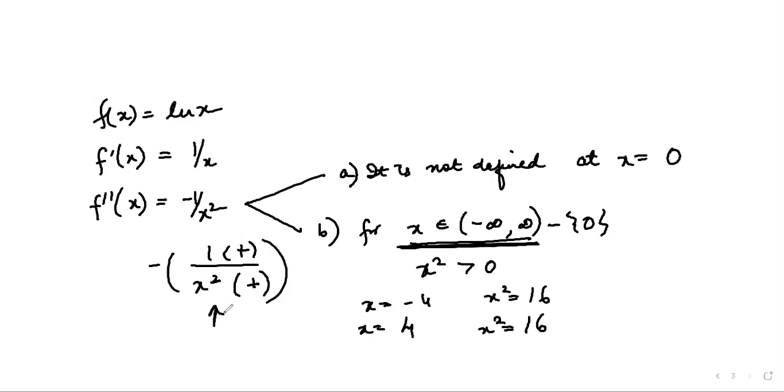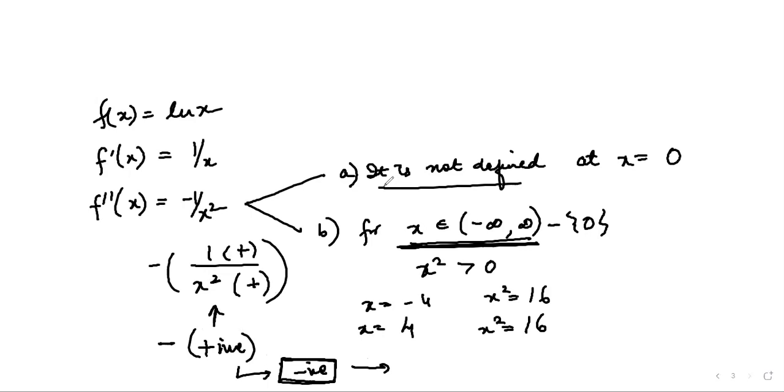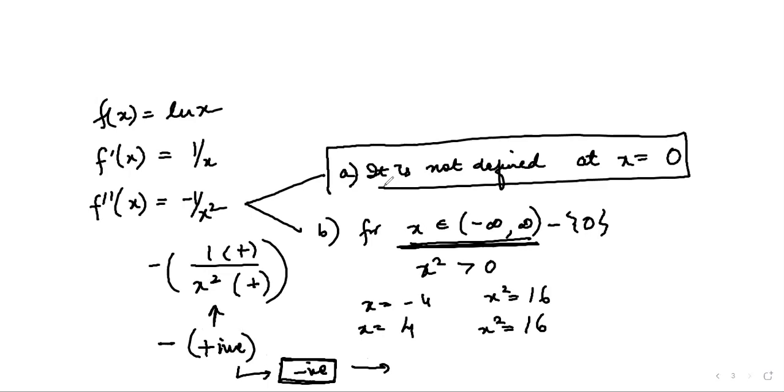So this fraction is always positive, multiplied by a negative sign. Negative into positive is negative. So for x equal to 0, my function is not defined, but for any other value, f double dash x is negative. So my function is concave.